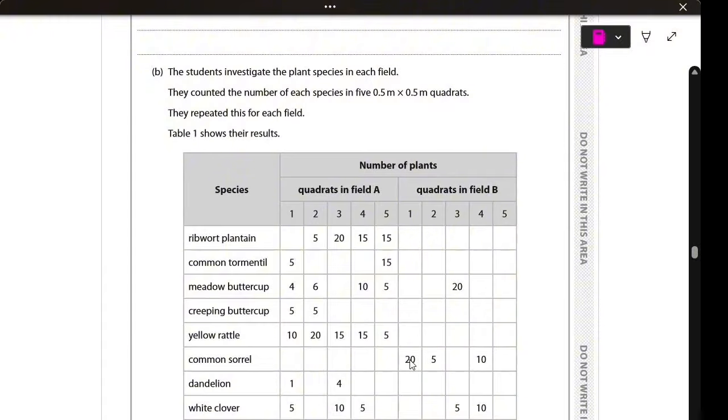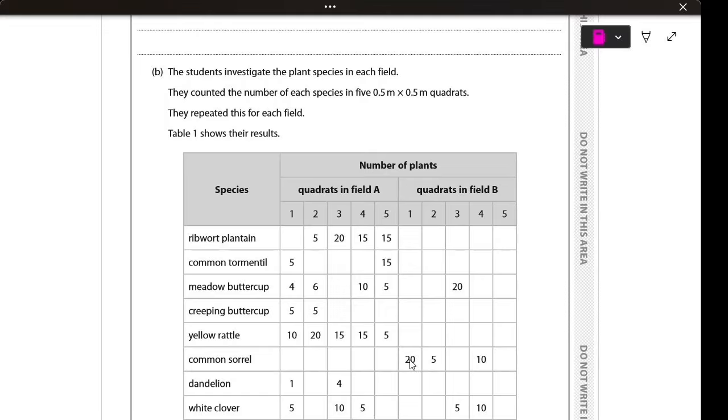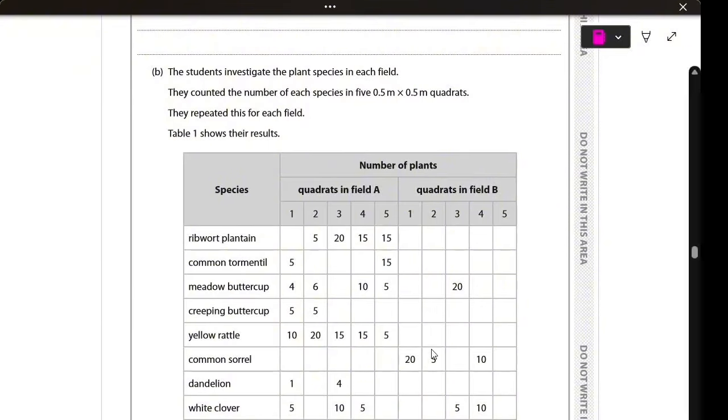So now we know that in 5 × 0.25 meters square, there are 35 common sorrels. So how much would there be in 1 meter square of area? To find that, we should divide the total number of common sorrels by the total area.